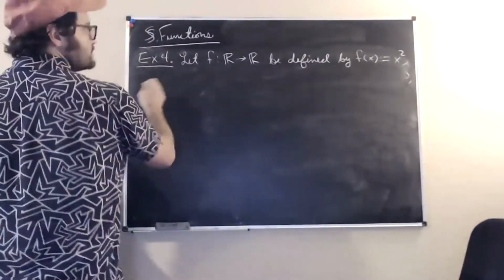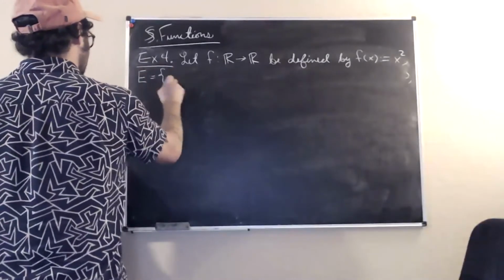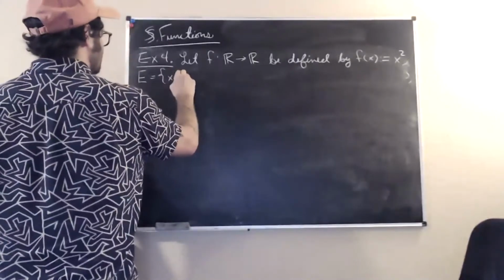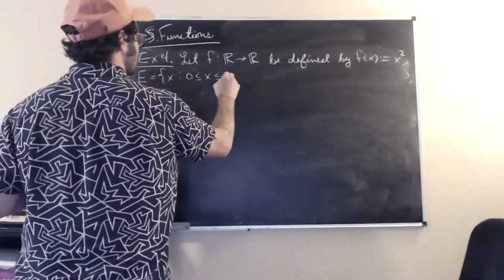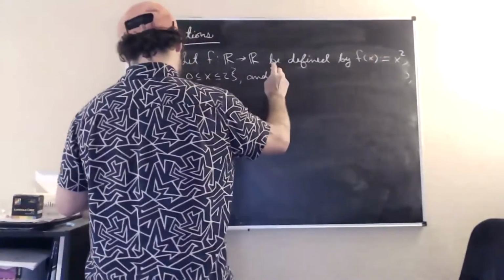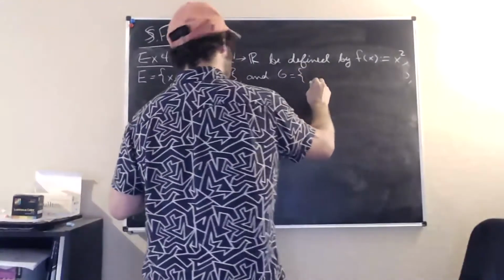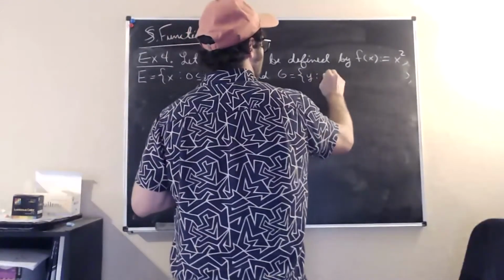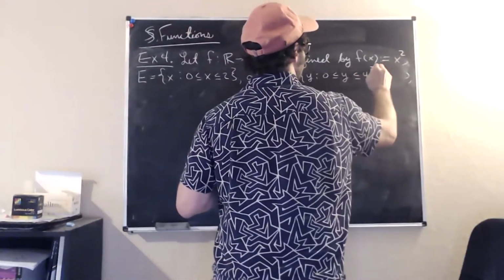And let E be defined as the set of x such that 0 is less than or equal to x, less than or equal to 2, and G equals the set of all y such that 0 is less than or equal to y, which is less than or equal to 4.